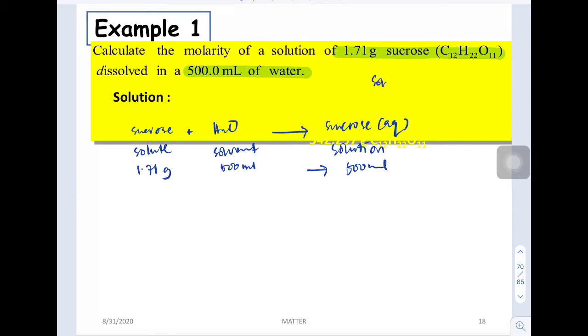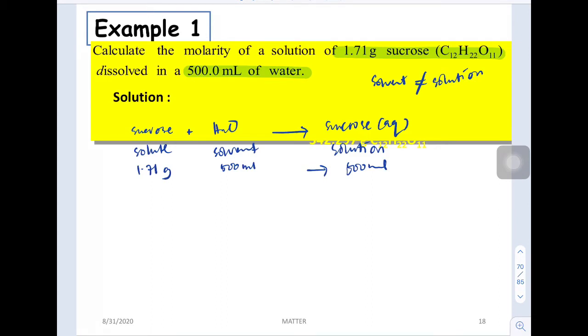Actually, the solvent is not the same as the solution. The solute plus solvent will produce a solution. But normally we will assume that the volume of the solvent is the same as the volume of the solution, unless the question states that the actual volumes of the two are different.